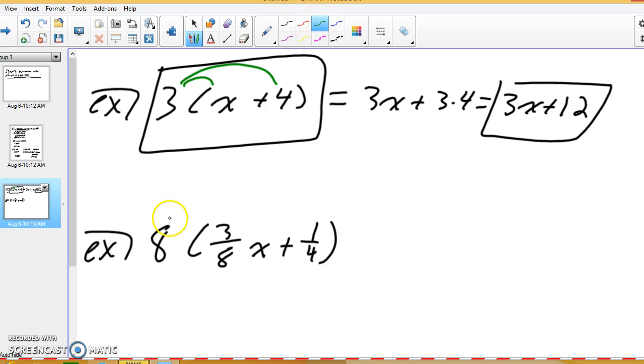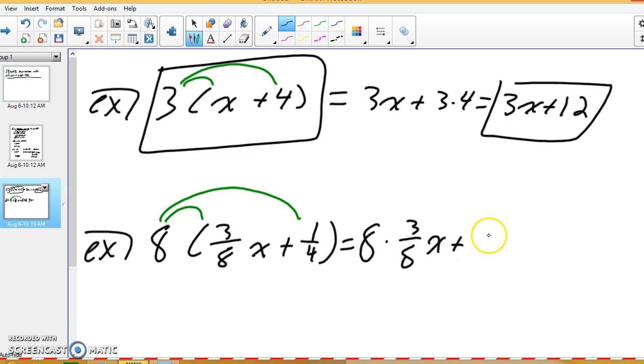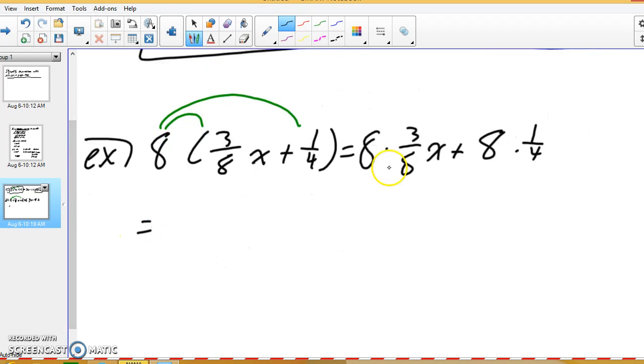Again, just by using the distributive property, we just multiply them out and add them together. So 3 times 3 over 8 x plus 8 times 1 over 4. Again, we can turn these into fractions.